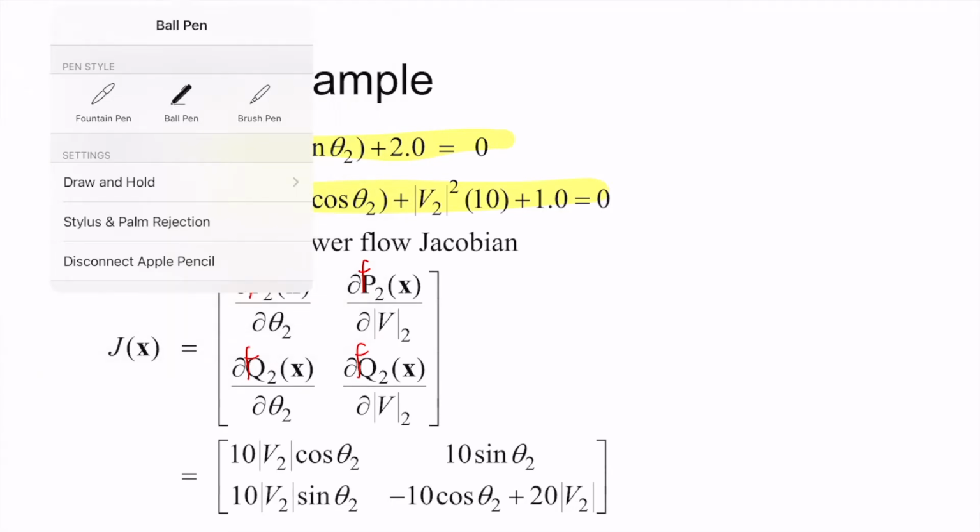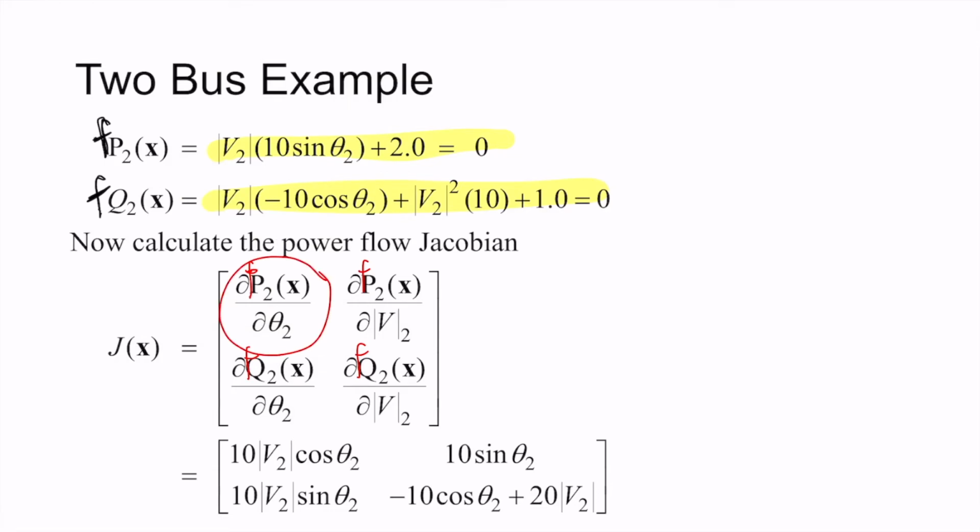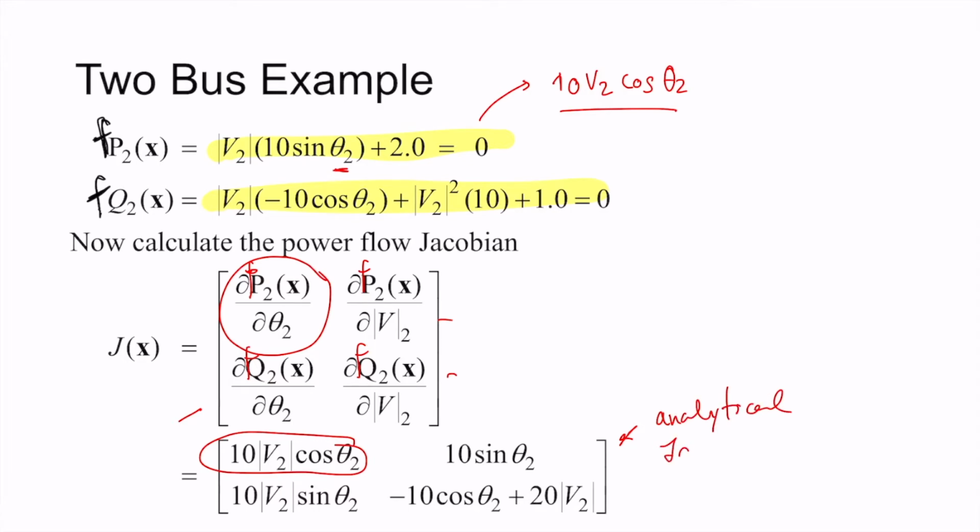Let's do the first element, this one, using this equation. The derivative of this equation with regard to delta 2 depends only on the sine. So 10 is constant, V2 is constant, and the derivative of sine is cosine of theta 2. So this is what we have in here. I can do this for the other 3 elements, and then I have this analytical Jacobian matrix.